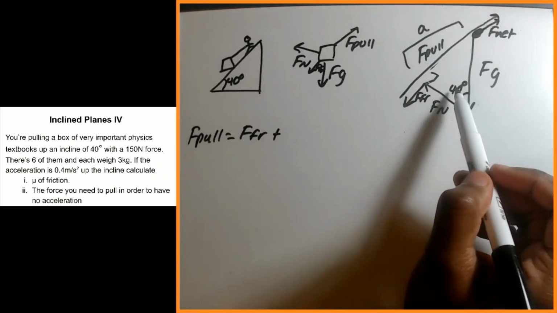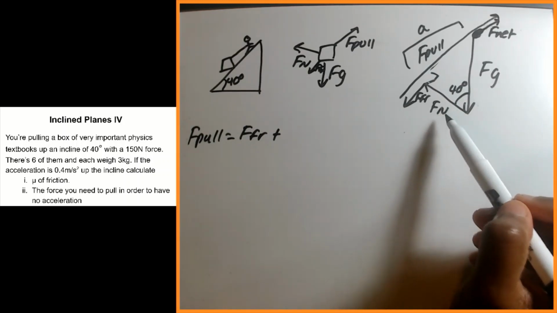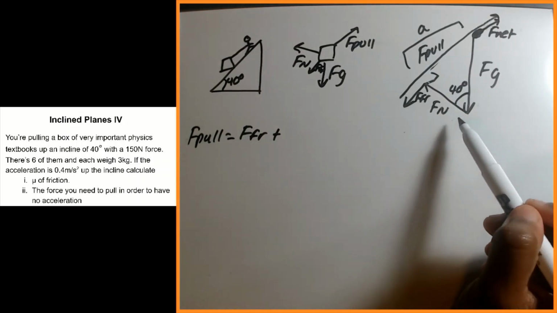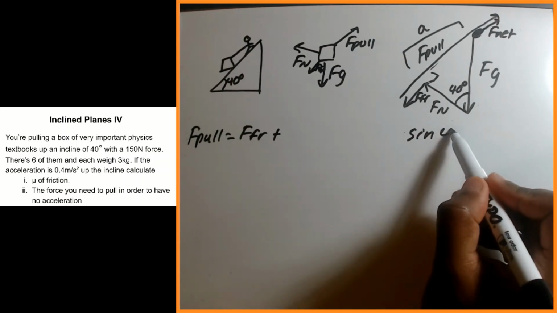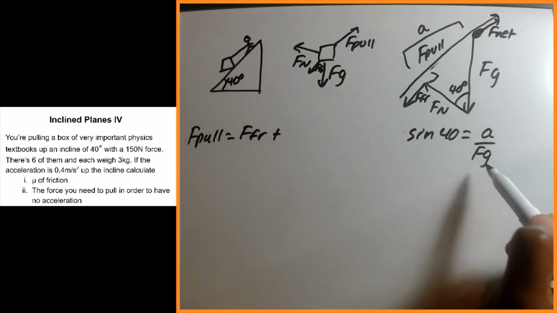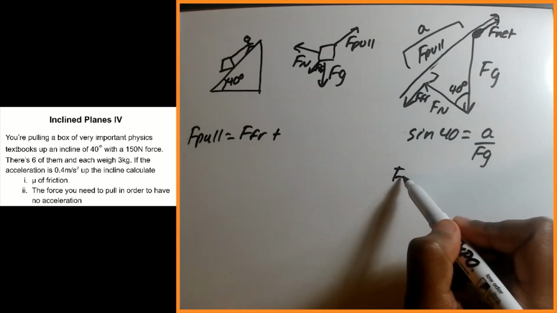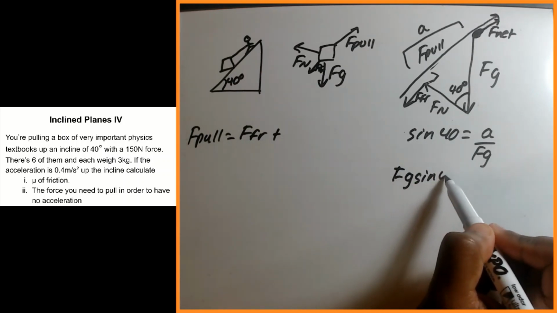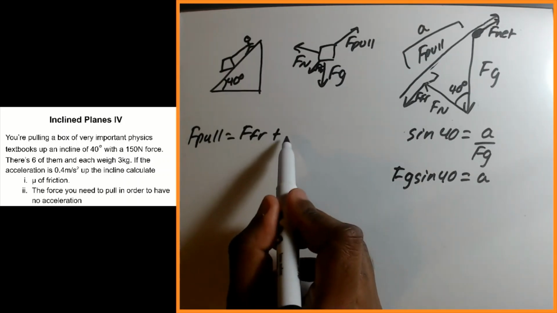So note that A is opposite to this angle, and Fg, of course, is the hypotenuse, and Fn is the adjacent side. So we could write sine of 40 is equal to A over Fg. And solving for that, that just gives you Fg sine 40 is equal to A. So we can just plug that right here.